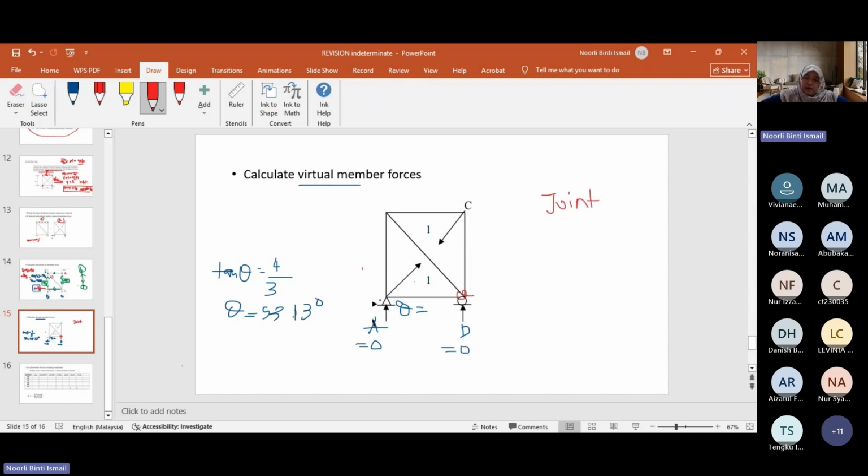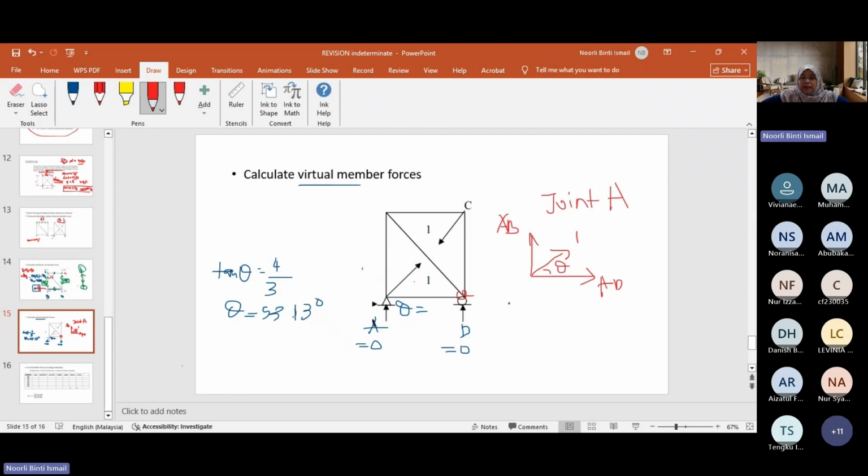Okay, here. So here will be this one. This one join A lah, join A. So this is 1 unit load. This one is AD. This one is AB. Okay, so this one theta. Theta is 53 lah, 53.13.